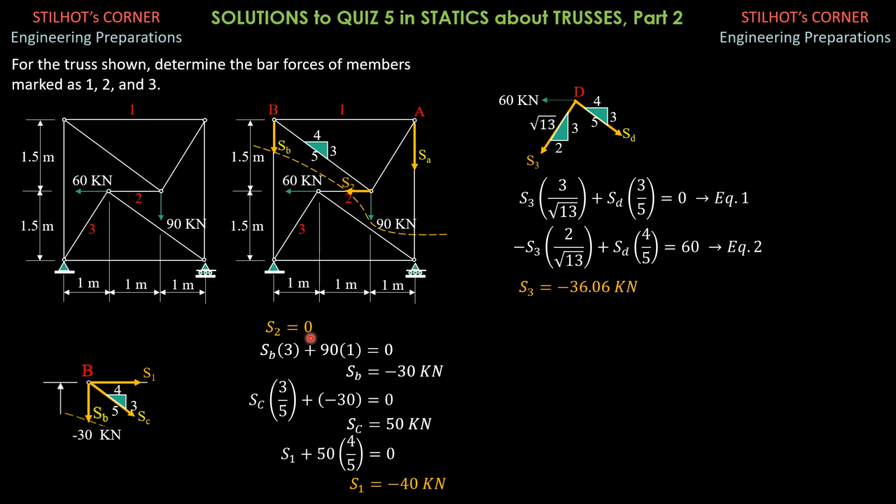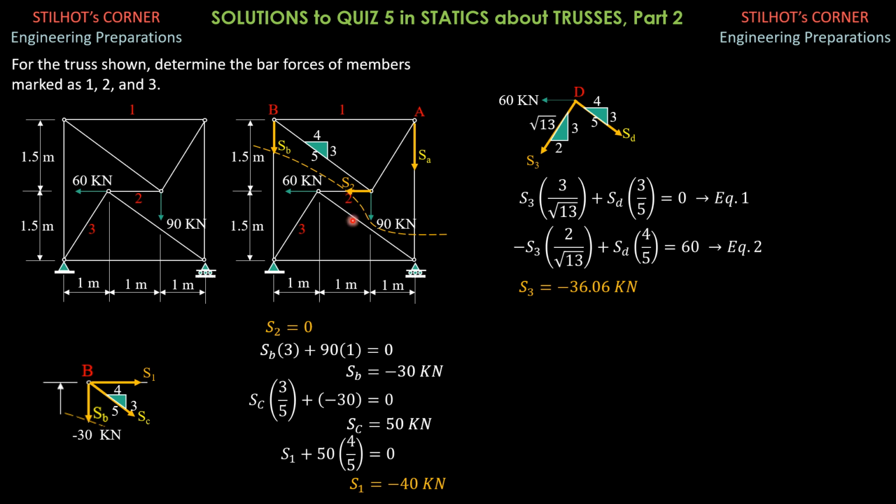Then, to solve for the force in 1, we have to consider this joint by solving SB first. We can solve SB, remember S2 is 0, by summing up moments about A. So summation of moments about A equals 0, considering this same section and the forces above it.